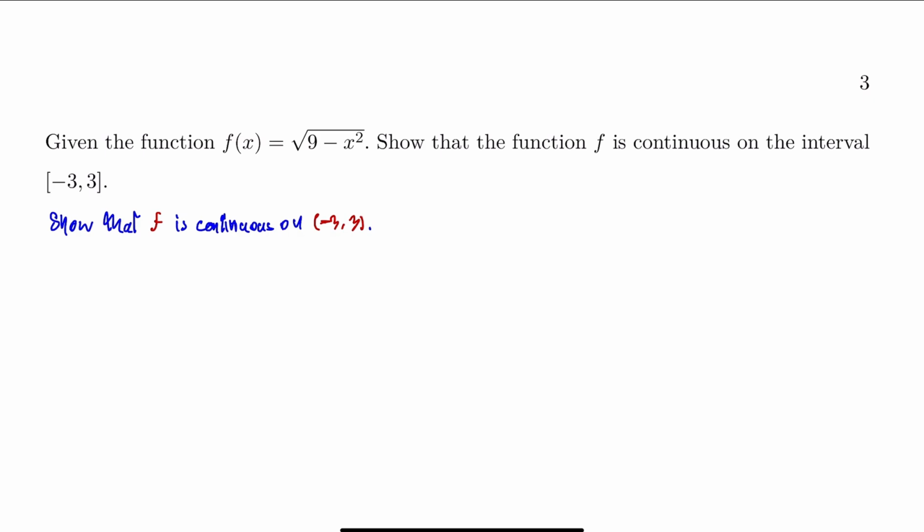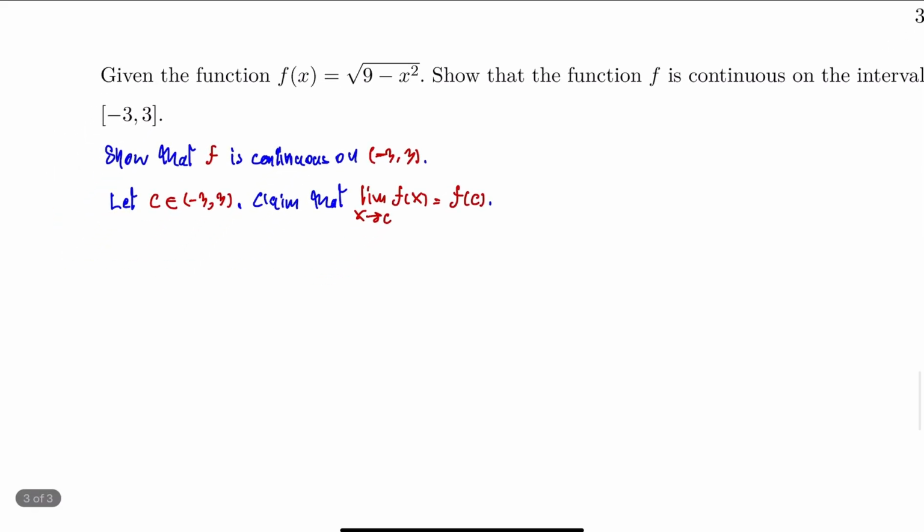Okay, how to show that? The way to show it is that you let c be in this open interval and then try to claim that the limit of f(x) as x approaches c equals f(c).